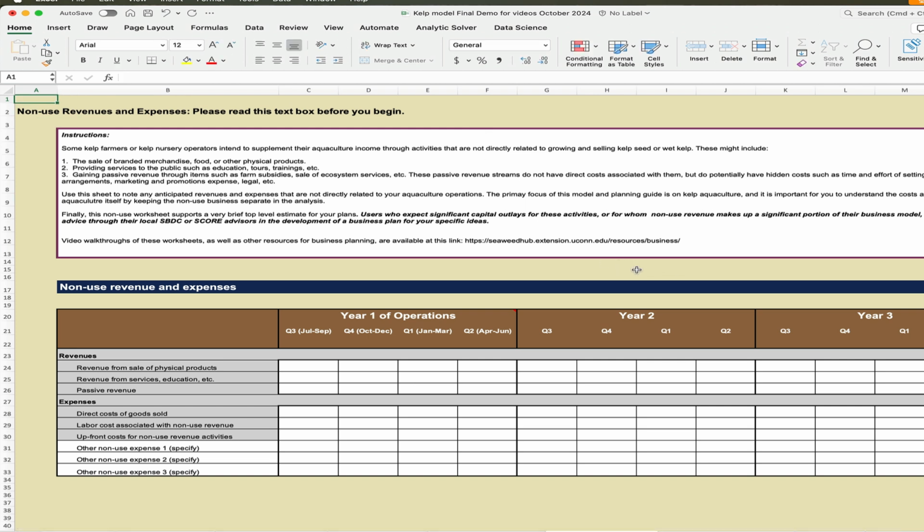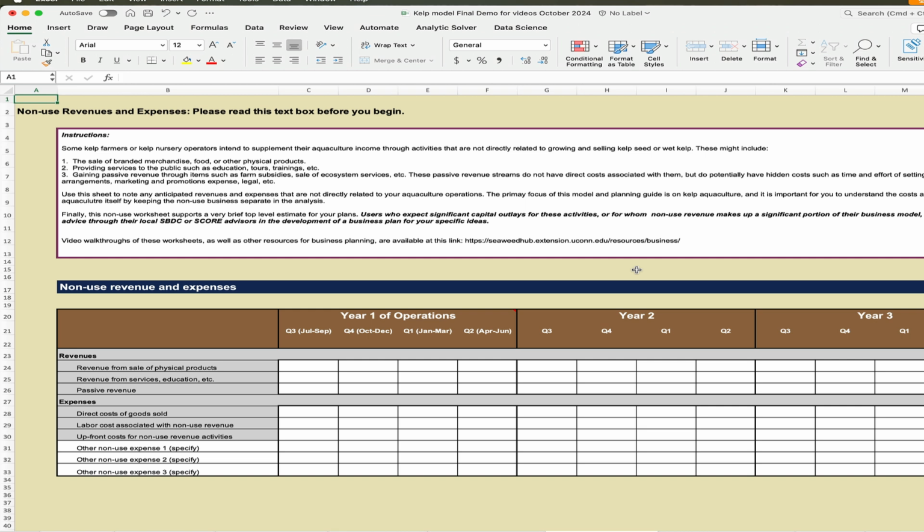Okay, so here we are on the non-use revenues and expenses page, and if you have looked at any of the other videos, this page is quite a bit shorter than any of the other input pages. And there's a reason for that. This model is about the economics of growing kelp or growing kelp seed.